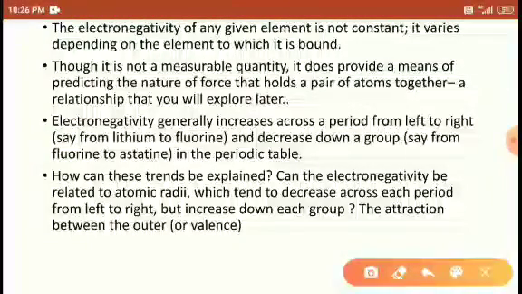The electronegativity of a given element is not constant. It varies depending upon the element to which it is bound. Electronegativity is not constant, students; it depends upon the different elements.